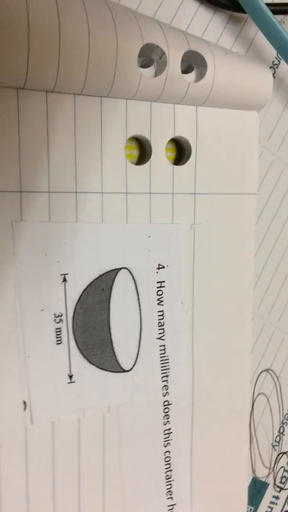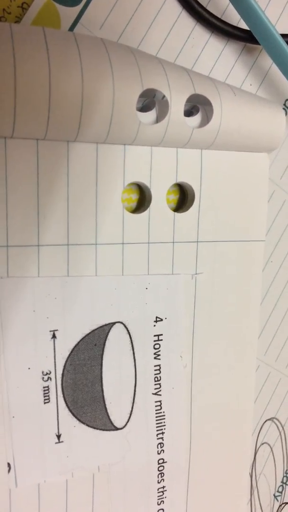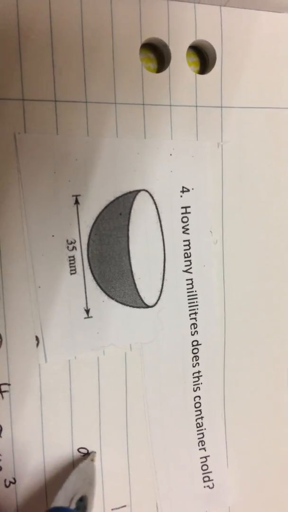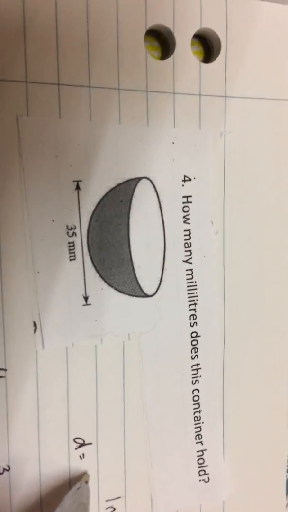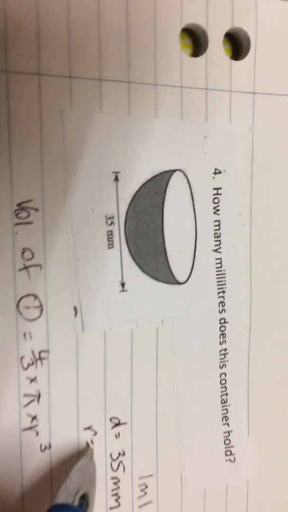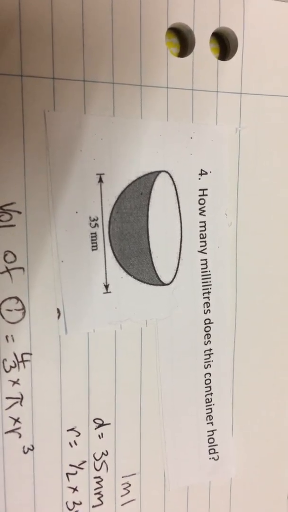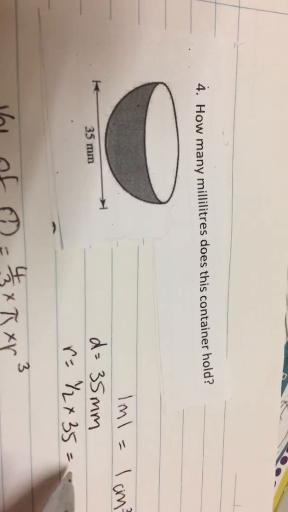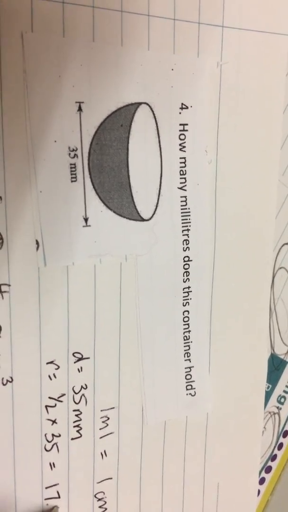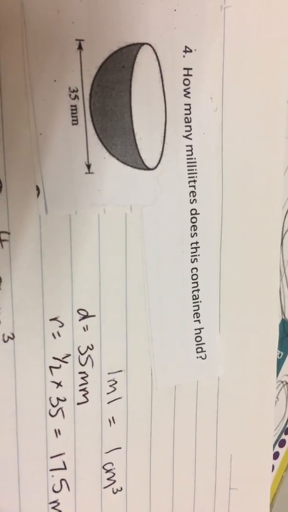Now, let's have a look up here. What is the radius? Well, we've got the diameter. I'll just write it down up here. The diameter equals 35 millimetres, and so therefore the radius is going to equal half of 35. Half of 34 is 17, so I know that half of 35 must be 17.5 millimetres.